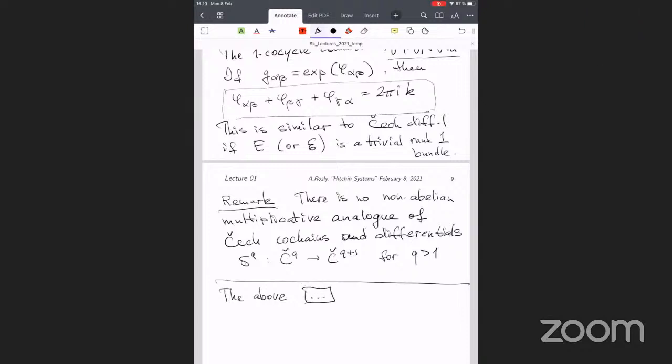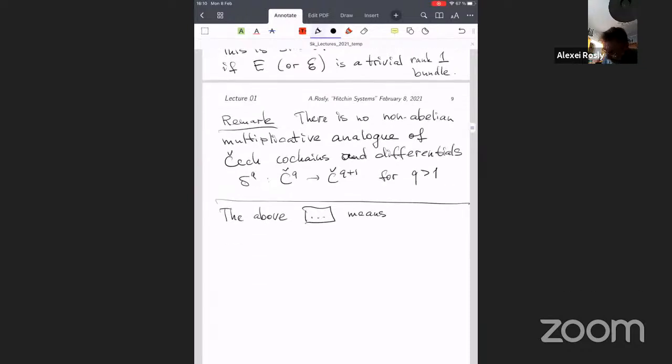What is written above in a frame means the following, that we need a little bit more definitions to write this.